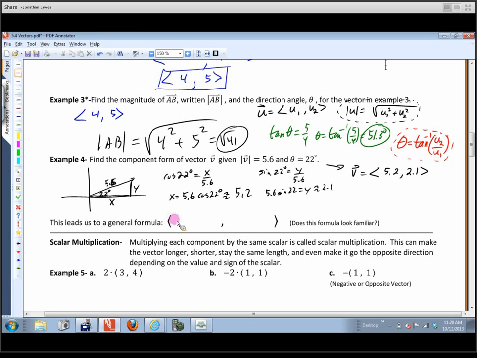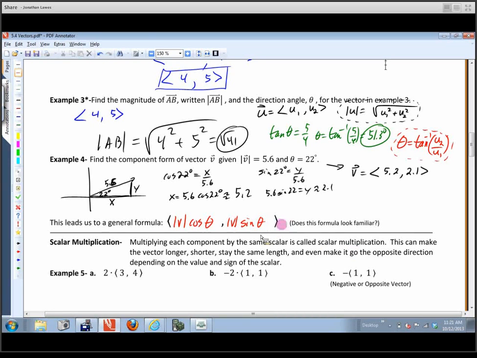So if you think about it, we could write down a general formula, and that general formula would look like this. It would be the magnitude of vector v times the cosine of the direction angle. And the y-coordinate, or sorry, the vertical component, would be the magnitude of vector v times the sine of theta.